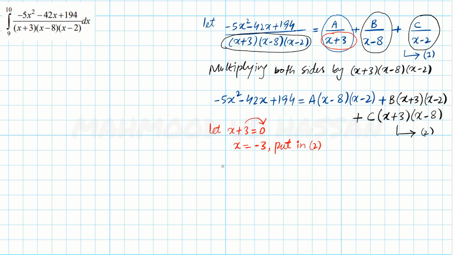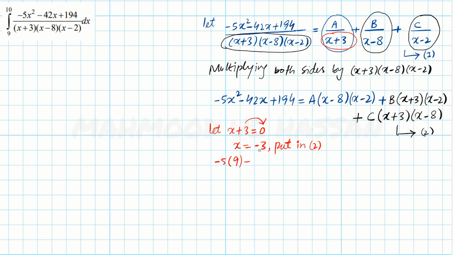So here -5 and (-3) squared would become 9, minus 42 multiplied by -3. So let me multiply, that's going to be 126.